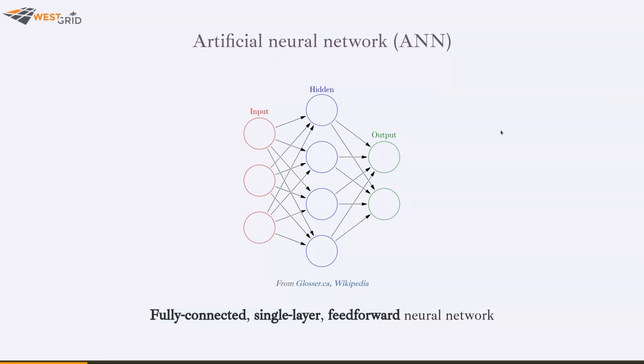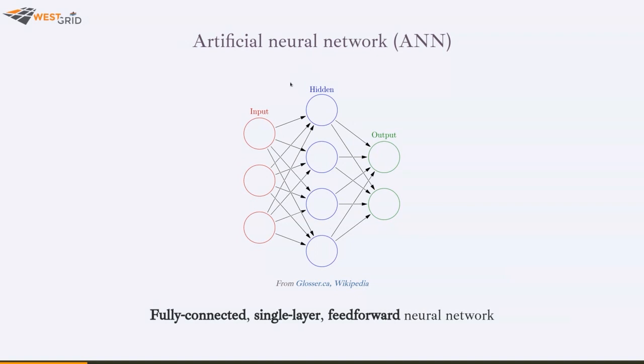So how do those artificial neurons connect to each other to form an artificial neural network? Instead of having the level of complexity that you have in biological systems, they are organized into layers. This is the simplest neural network possible.